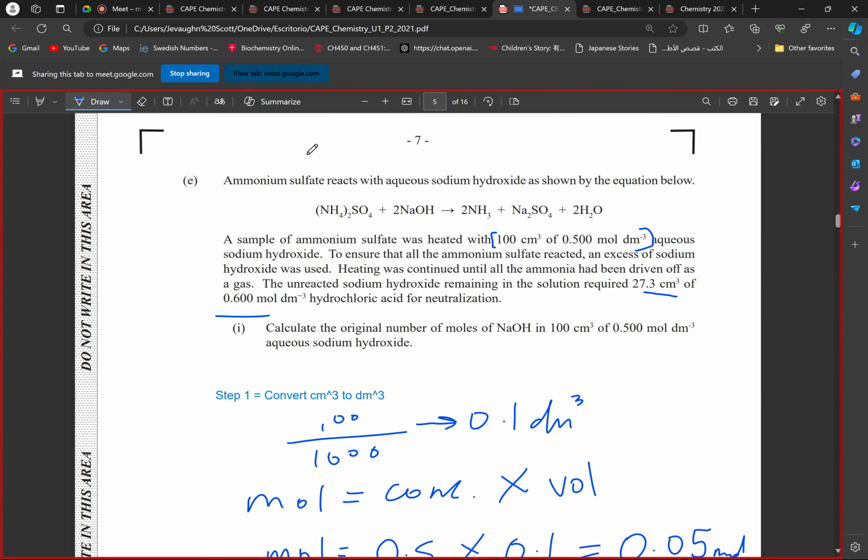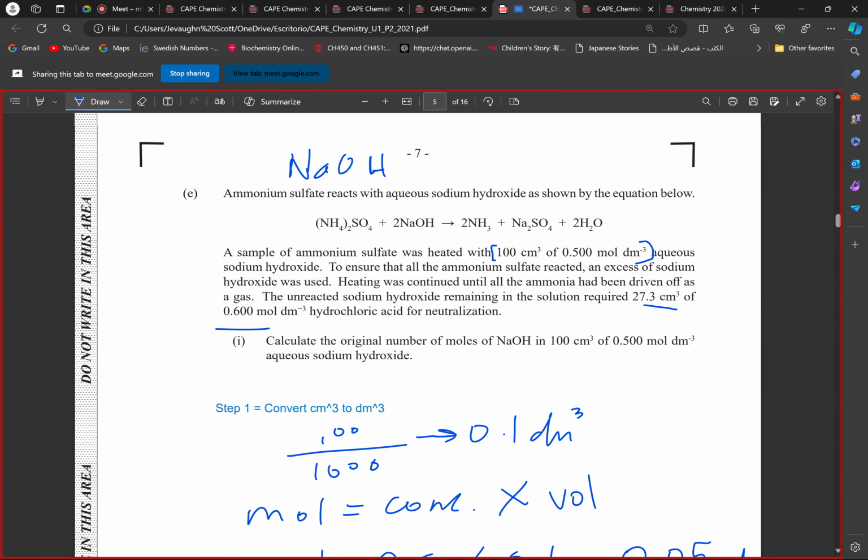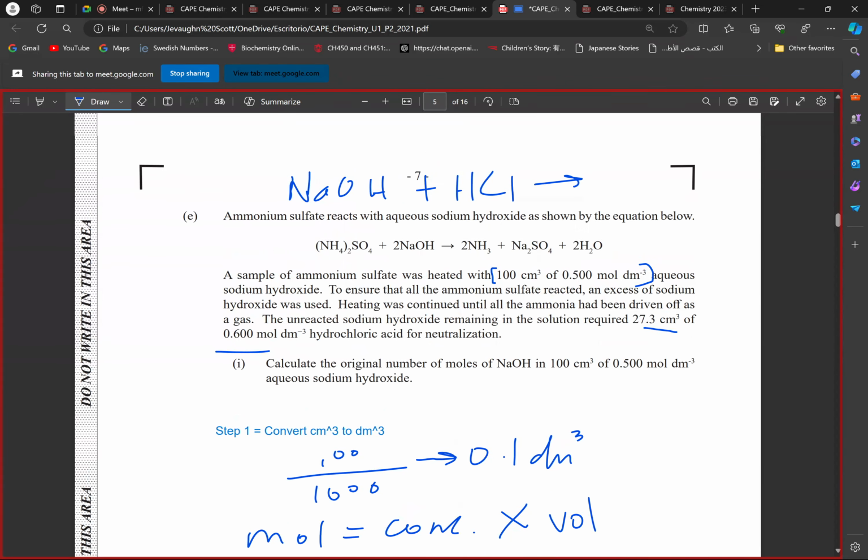So if we look at the reaction now, we have excess sodium hydroxide, NaOH, and we're adding hydrochloric acid to neutralize it to sodium chloride plus H2O. And what we're saying is that the same amount of moles of acid it requires will be the same amount of sodium hydroxide that was there, because it's a 1-to-1 ratio. Does that make more sense?